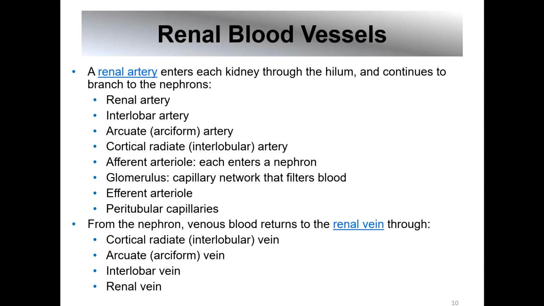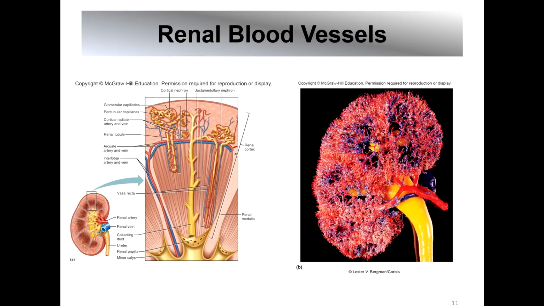We flowed up through the renal artery to the interlobar arteries, then through the arcuate or arciform arteries, then through the cortical radiate arteries. Blood is returned through the cortical radiate veins, which drain into the arcuate or arciform veins, which drain into the interlobar vein, and then finally down into the renal vein. And so we can see a picture of that here.